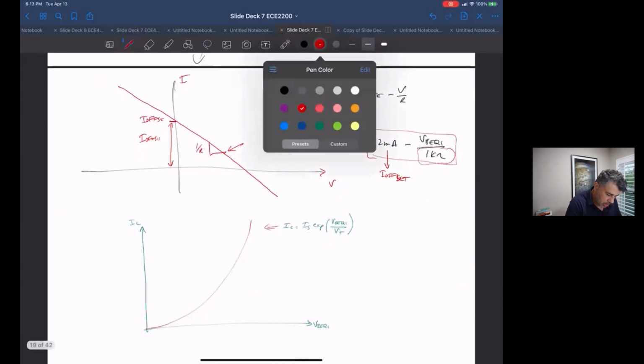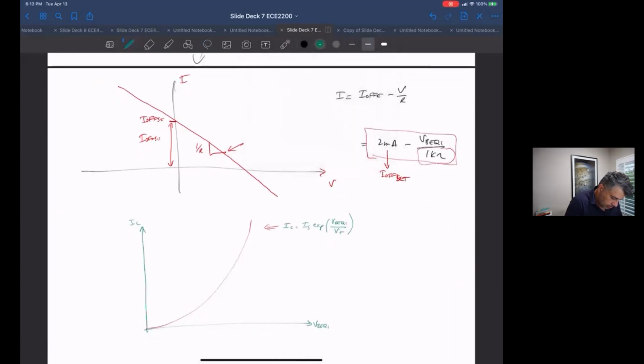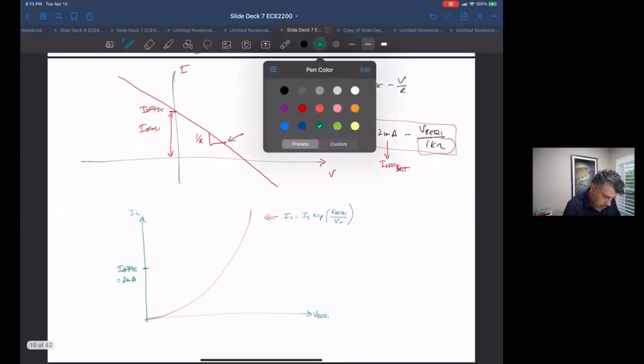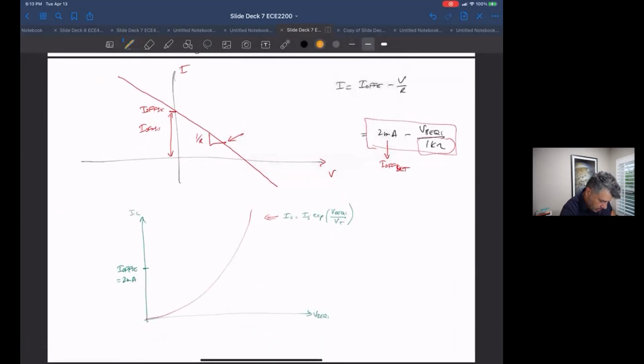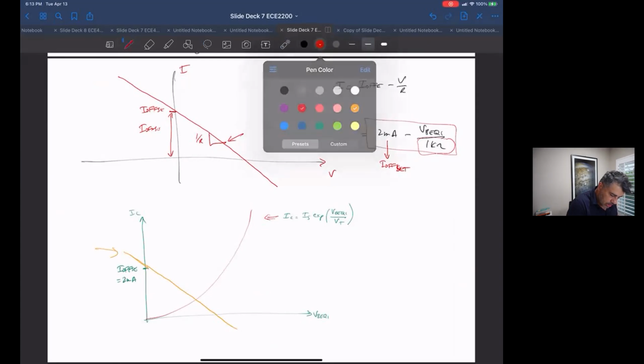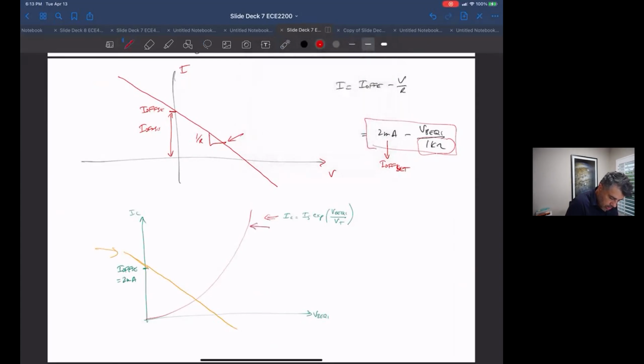So this would be I offset, or 2 milliamps. Let me draw it with some other equations. I would get something like that. Okay, so this guy in red is, you could think of it, the transistor equation.